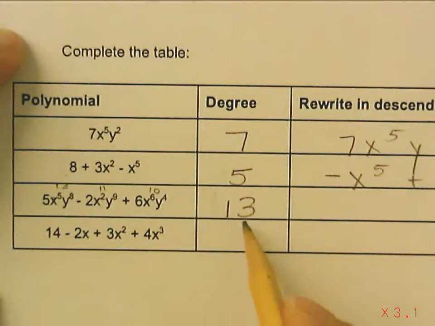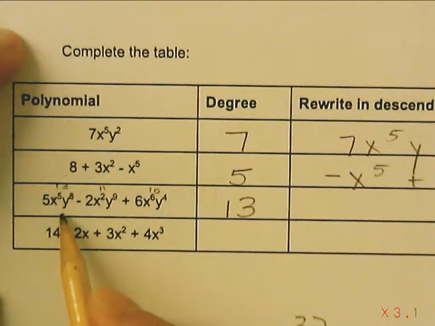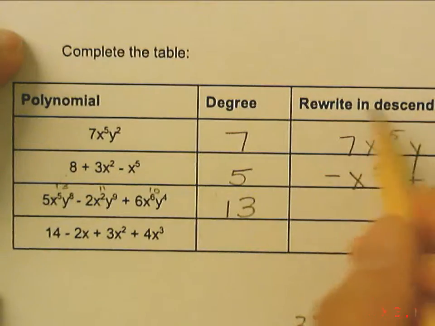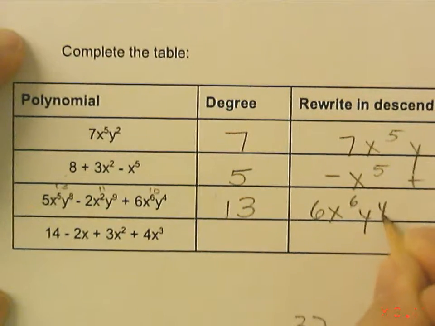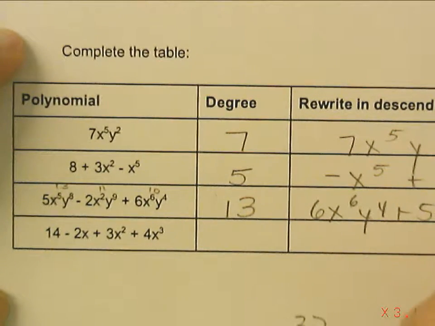So the degree is 13, and now they want me to write it in descending order by the power of x. So 6x to the 6th y to the 4th plus 5x to the 5th y to the 8th minus 2x squared y to the 9th. See, we have a 6, a 5, and a 2.